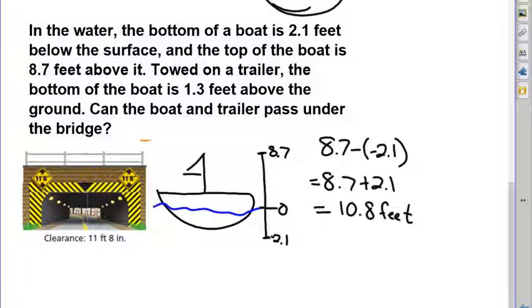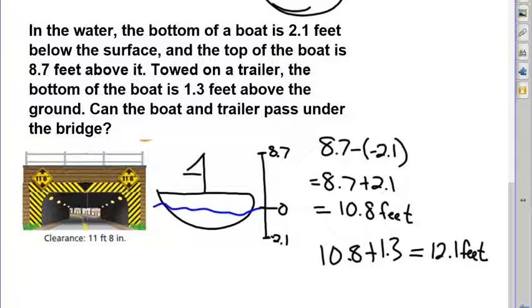We're going to take the height of the boat, 10.8, and we need to add to it that extra 1.3 feet between the bottom of the boat and the ground. And we find that the total height from the ground to the top of the boat when it's on the trailer is going to be 12.1 feet.